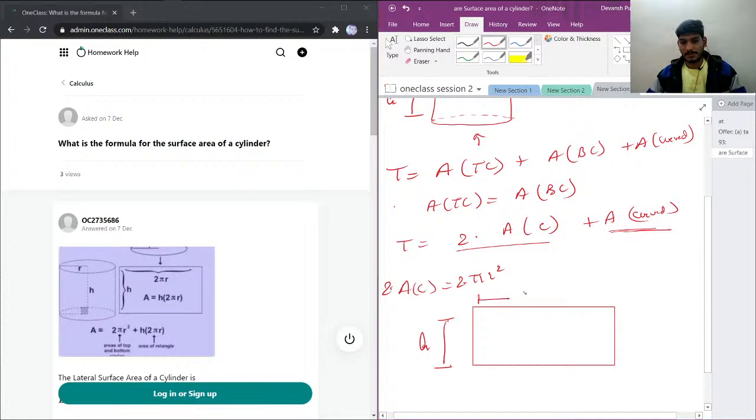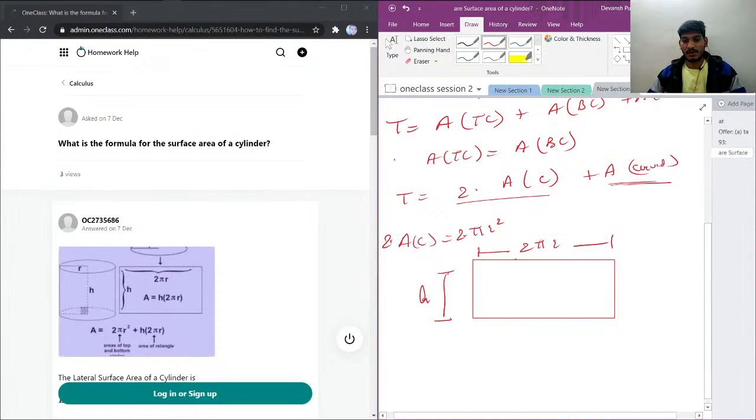So the circumference is 2 pi r, and the area of the rectangle is length into breadth. So my area of curved surface will be 2 pi r times h.